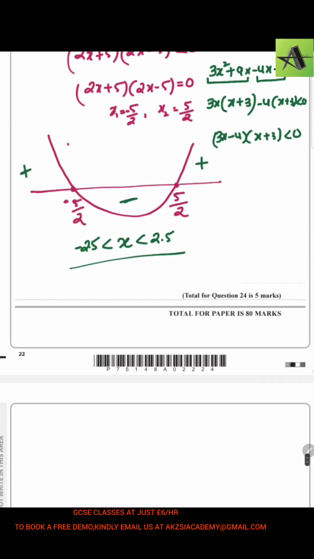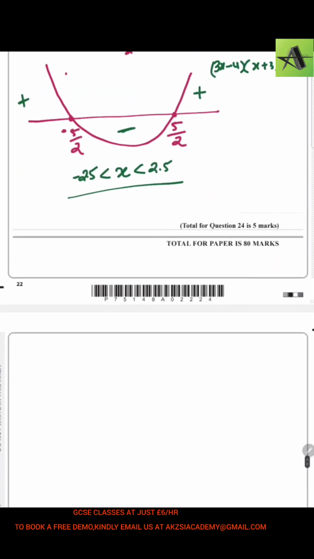From here it's easy to find the roots because I need not equate it to 0 every time. If I replace the less than sign with equals, I get one value of x as negative 3. So x1 is negative 3 and x2 is 4 over 3.